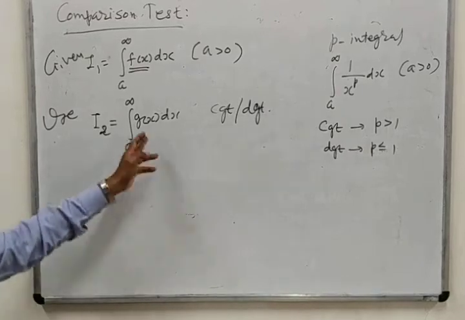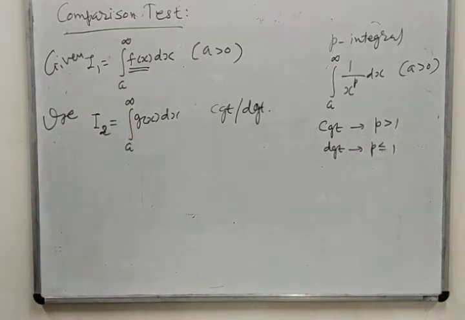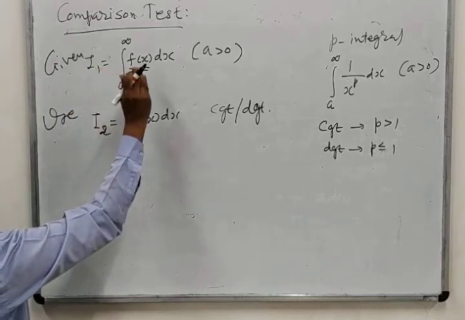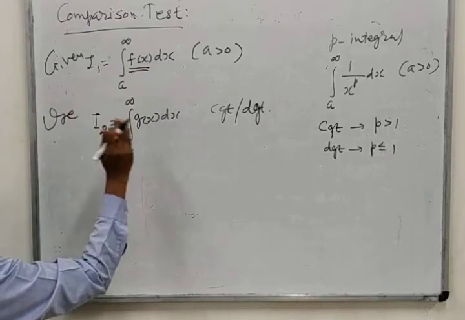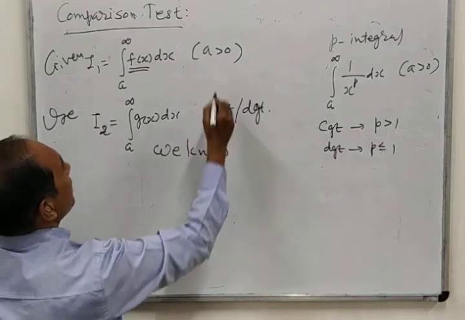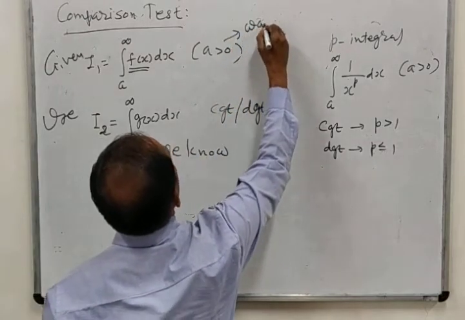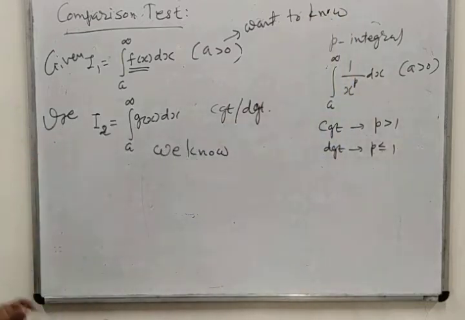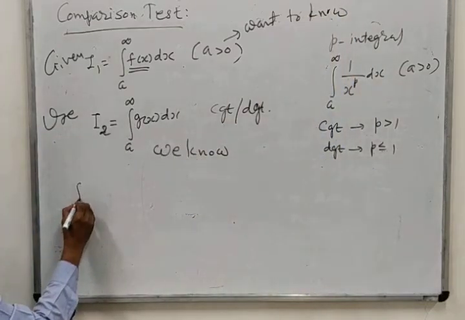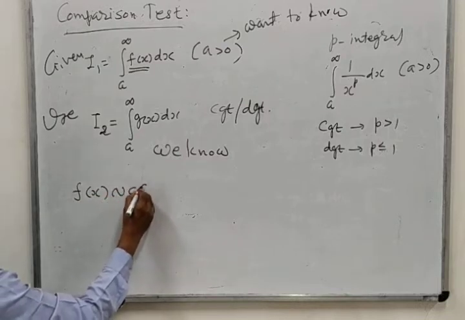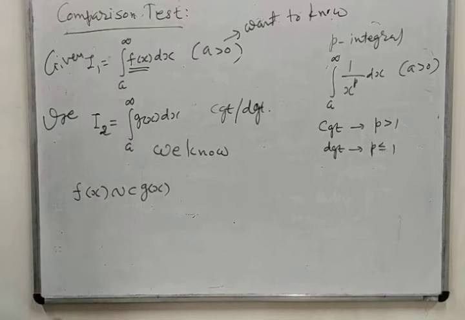So this kind of integration we will make use of to know the nature of I1. This is what we want to know, and this is what we know. So for that we will obtain g(x) in such a way that f(x) is approximately equal to c times g(x).